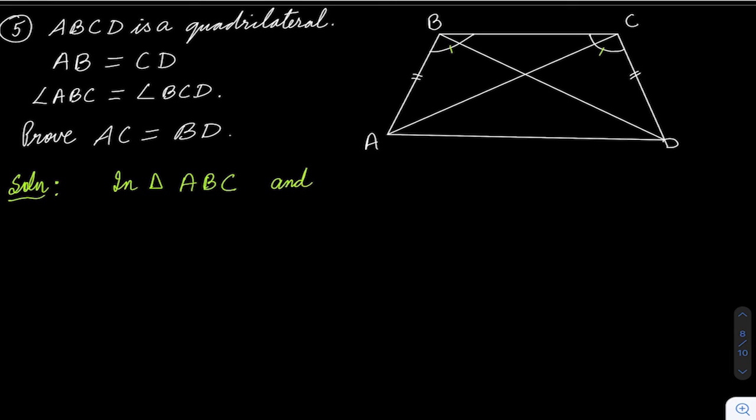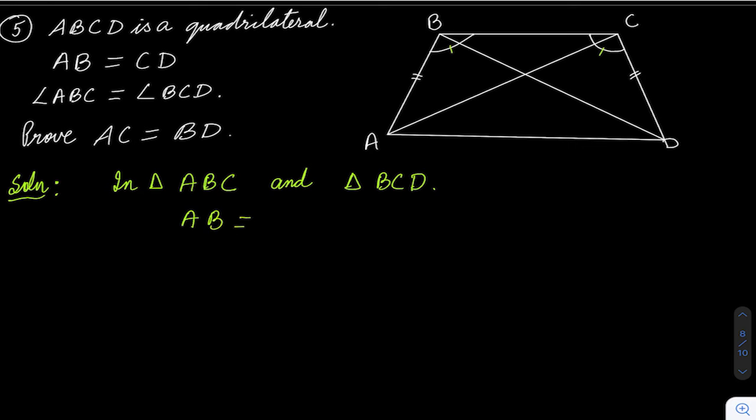And from the second information, CD, BD and angle BCD, I look at triangle BCD. So these two triangles: triangle ABC, this triangle with one diagonal, and the second triangle BCD with the second diagonal.